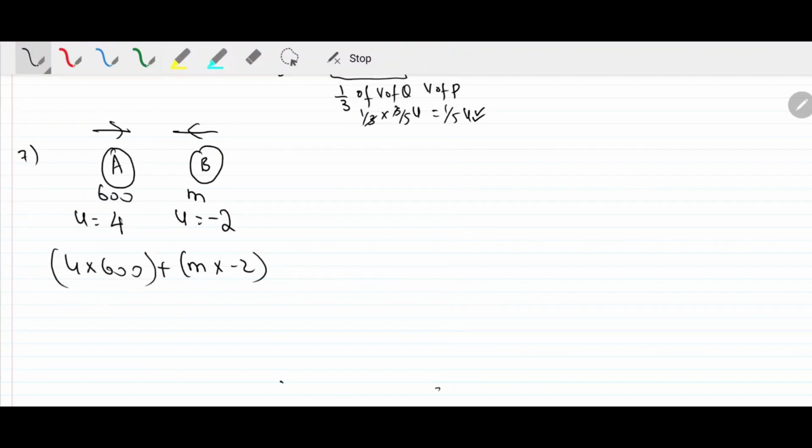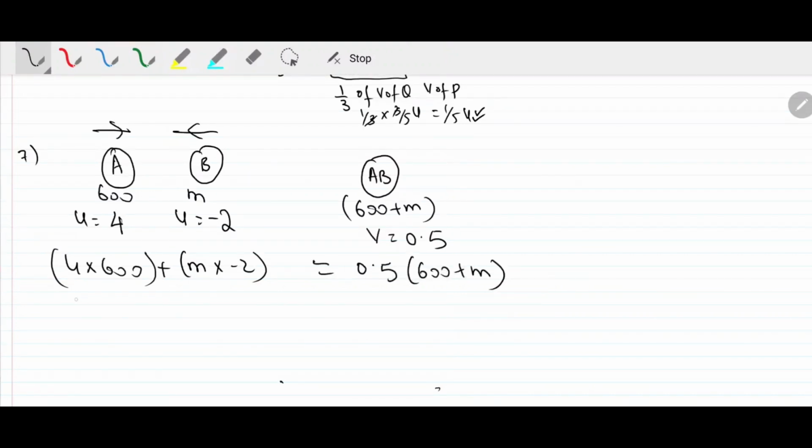After collision, the trucks are joined together. It's a case of coalescence, if you remember. So AB will become together. So this will become 600 plus m, and velocity is 0.5. So this becomes 0.5 into (600 plus m), and they both are equal. 2400 minus 2m is 300 plus 0.5m.